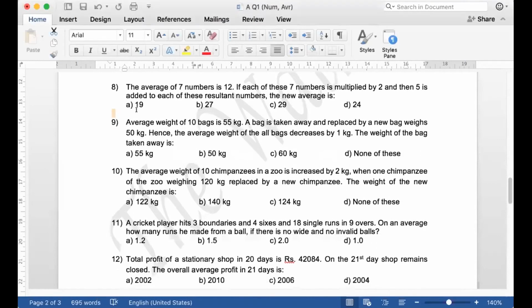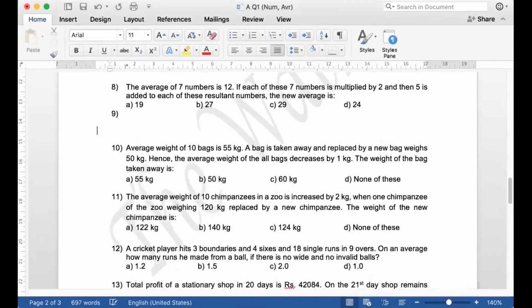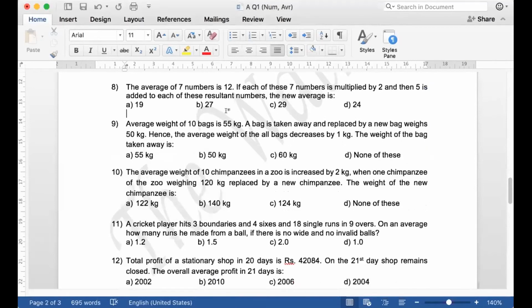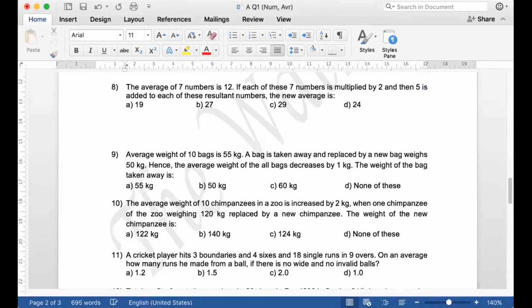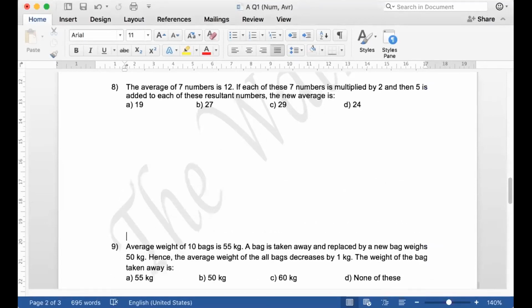Take a look at it. Take a look at question number 8 and 9.